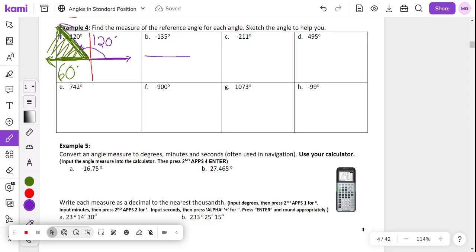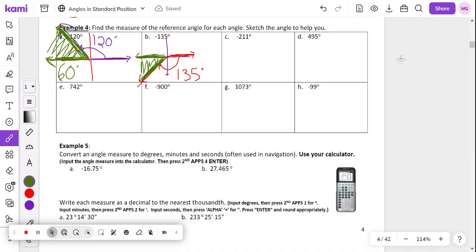So if you think about negative 135 degrees, we are going to go from here this way, negative 135 degrees. But the reference angle is going to be terminal side, x-axis, making an acute angle. This angle right here is the reference angle, and it will be positive.